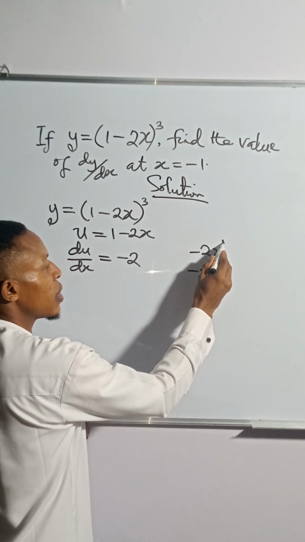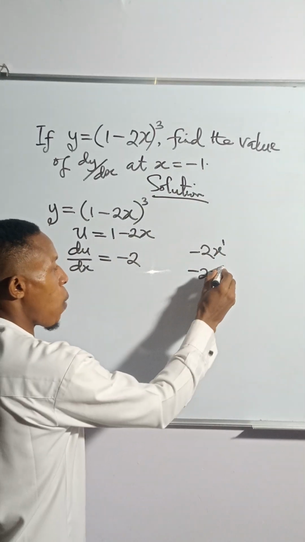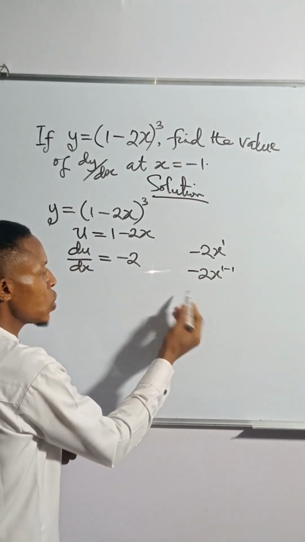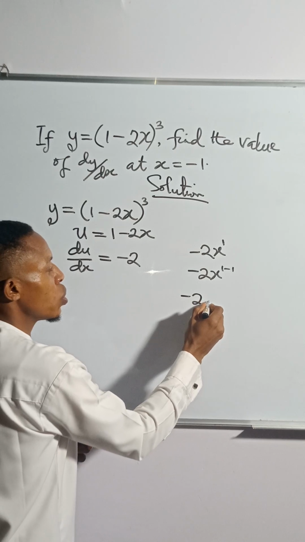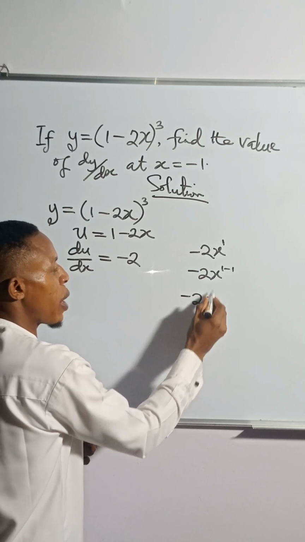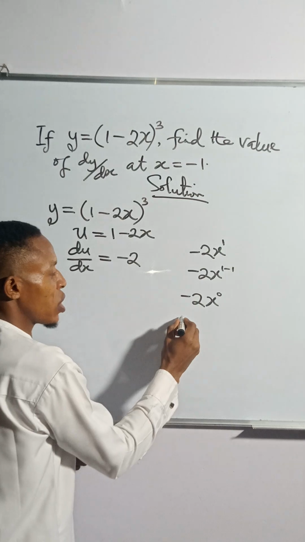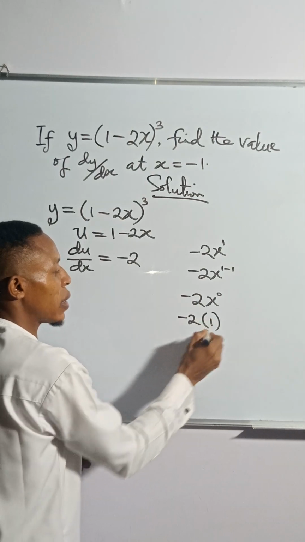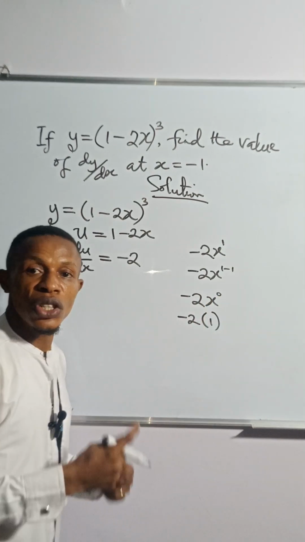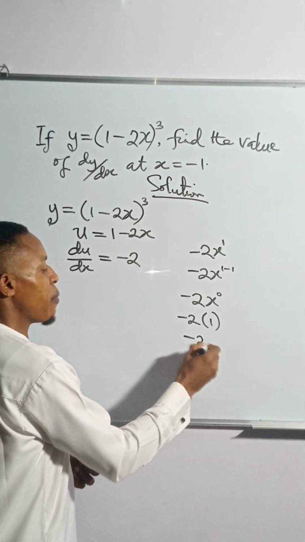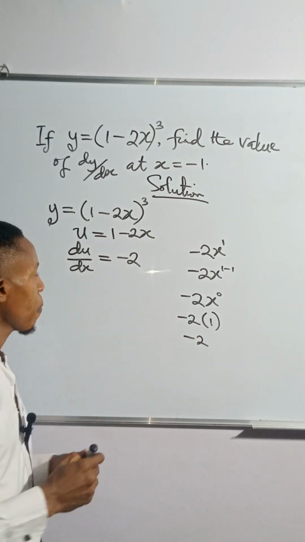You write x, subtract 1 from the power, 1 minus 1, so we have minus 2x raised to power 0. That is minus 2 times 1, because x raised to power 0 is 1. When you multiply, you have minus 2. That is how we got minus 2 here.